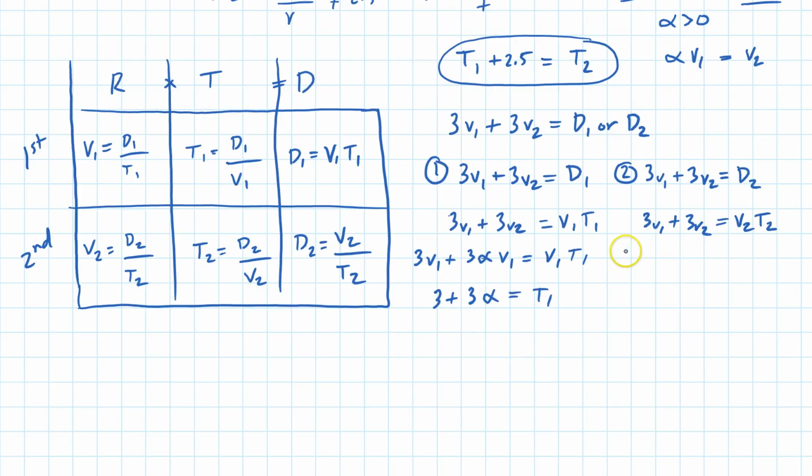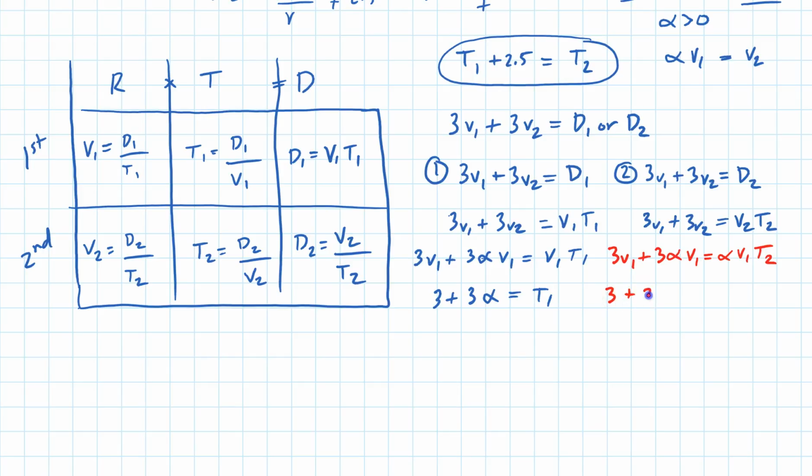Here I'm going to substitute again. See this in red just so I can see a little better. 3v1 plus 3 alpha v1 equals alpha v1 t2. And then here I can get rid of the v1s.